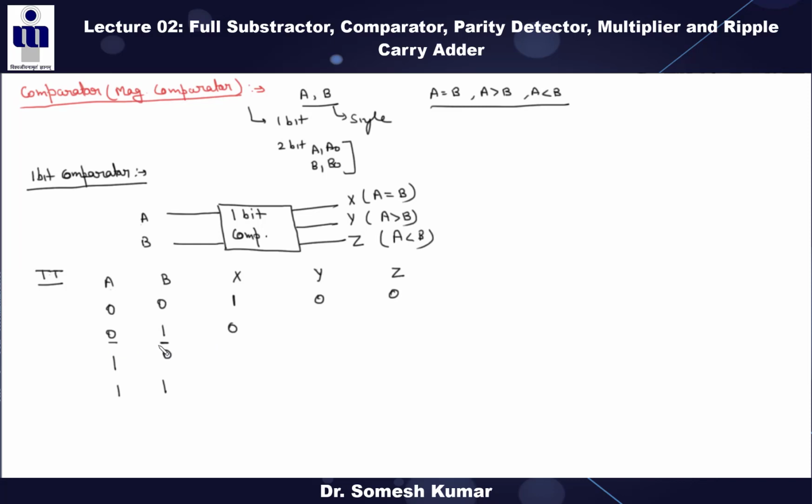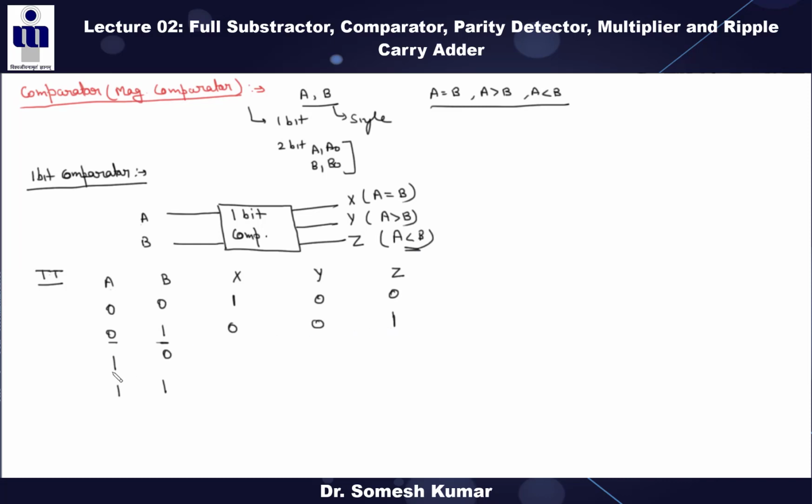Now, is A greater than B? No, A is not greater than B because A is 0 and B is 1. So we can say B is greater than A. So Z is 1 in this case, because B is 1 and A is 0, so B is greater than A. This condition is true.